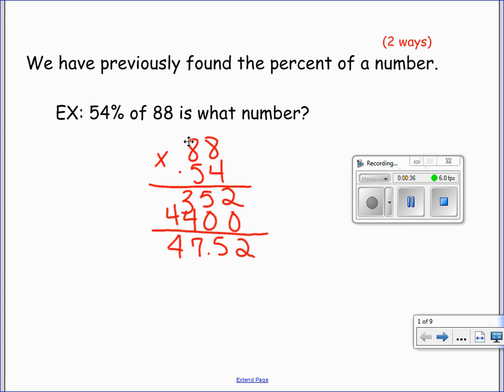Of, as we had talked about before, normally means to multiply. 54%, you would change it to a decimal and multiply. So 54% of 88 is 47.52. Check to see if it makes sense.